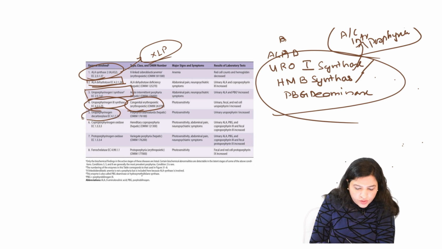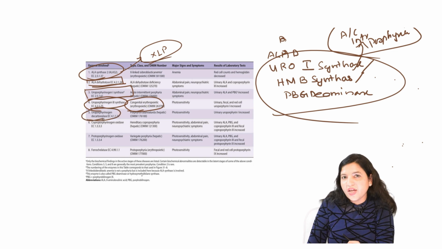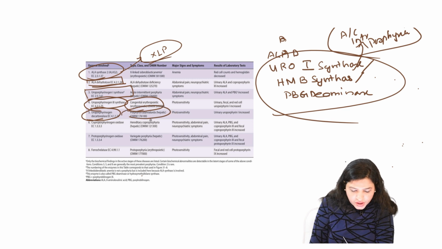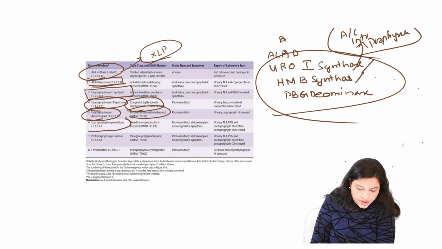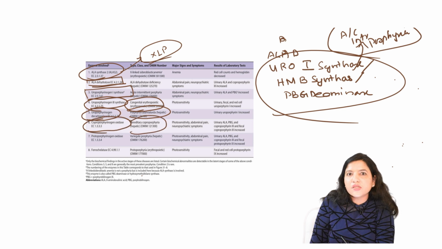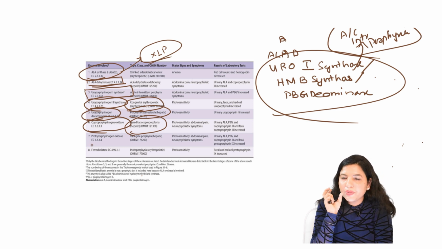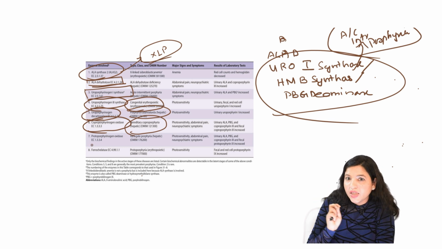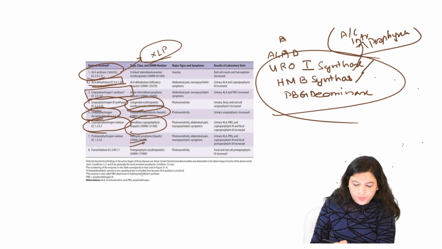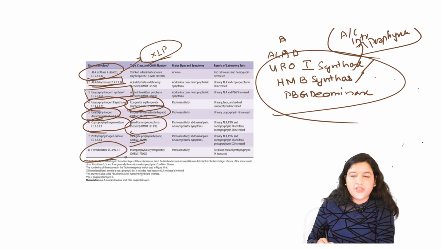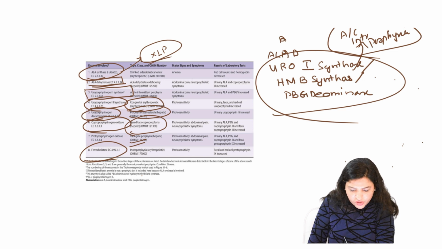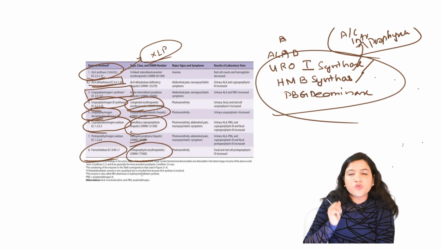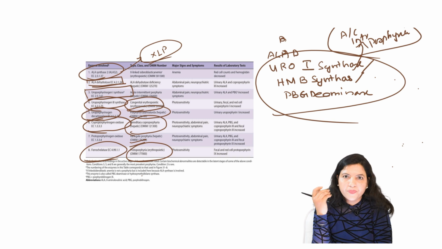Then uroporphyrinogen decarboxylase, if that is deficient, it produces porphyria cutanea tarda. Then CPG oxidase deficiency causes hereditary coproporphyria. If there is a deficiency of PPG oxidase, it causes variegate porphyria, and if ferrochelatase is deficient, it causes protoporphyria, erythropoietic protoporphyria.